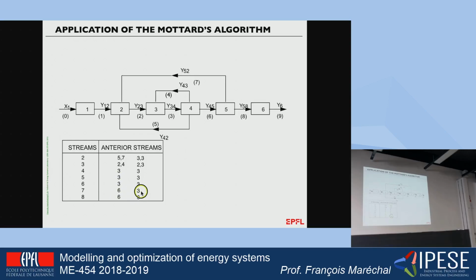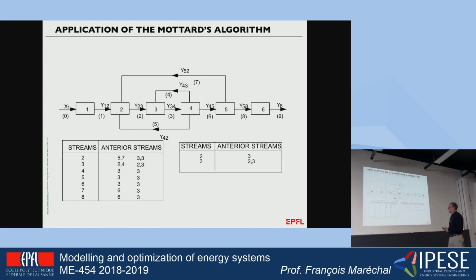So I have finally this remaining list, which means that I have replaced 4, 5, 6, 7, 8 by 3, and I have this new situation where 2 is depending on 3, 3 is depending on 2 and 3. Wow, now 3 is depending on 3.